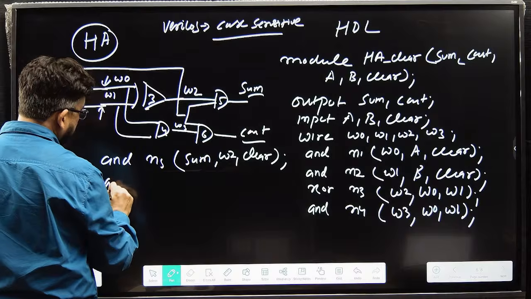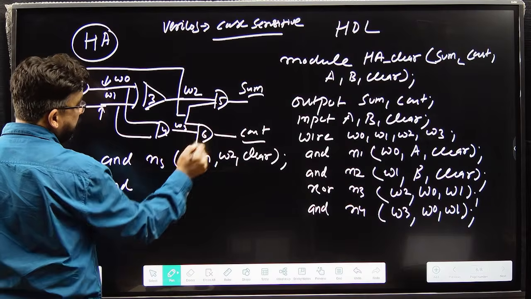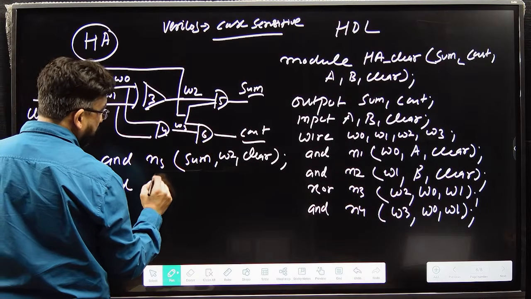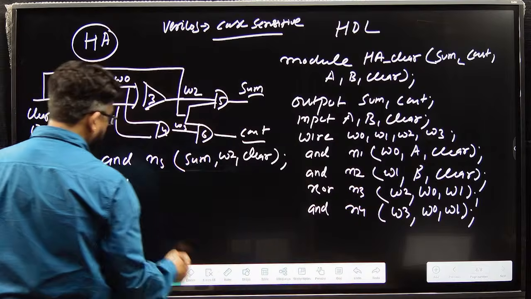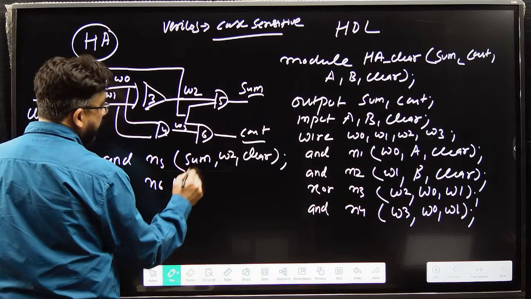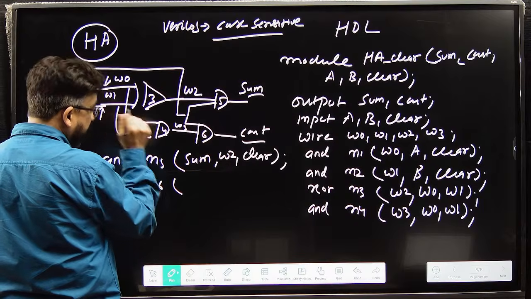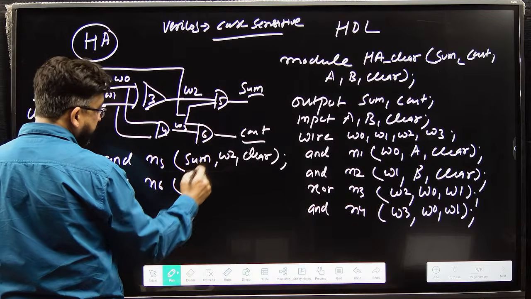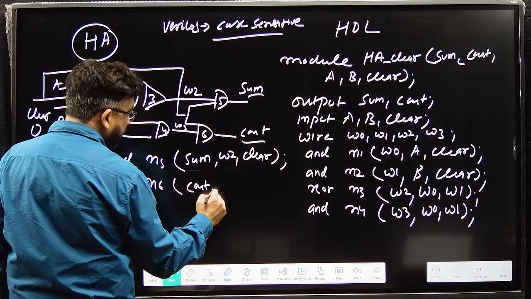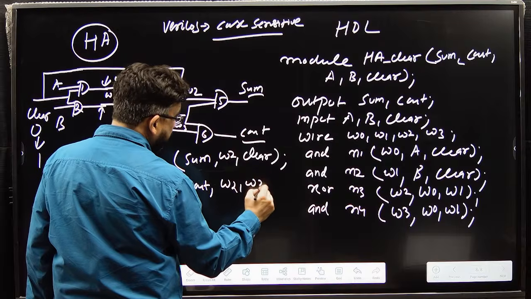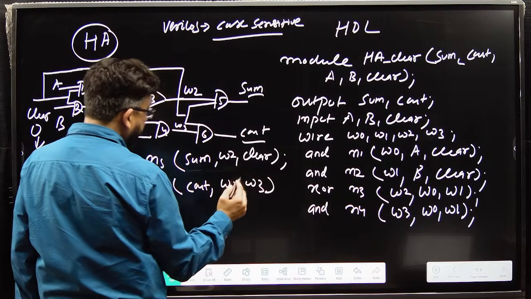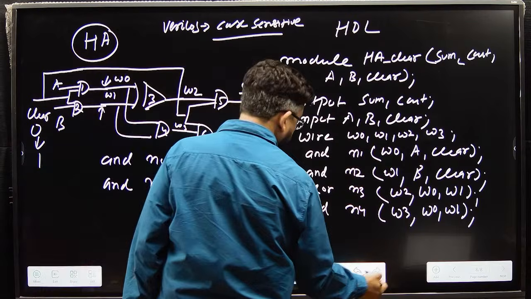And then again an and, N6. The output is Cout, and the input is W3 and clear.